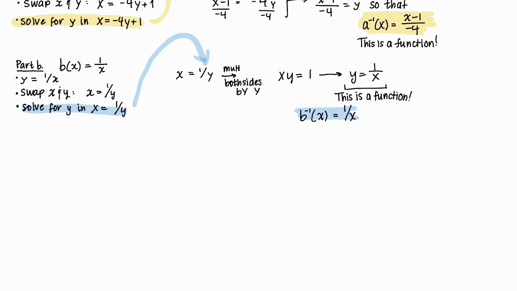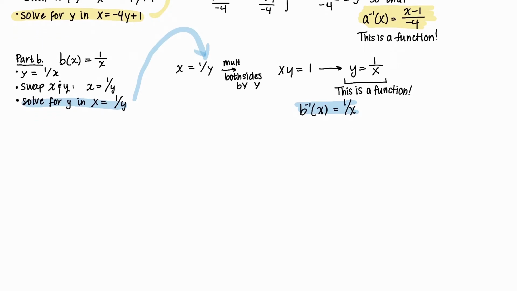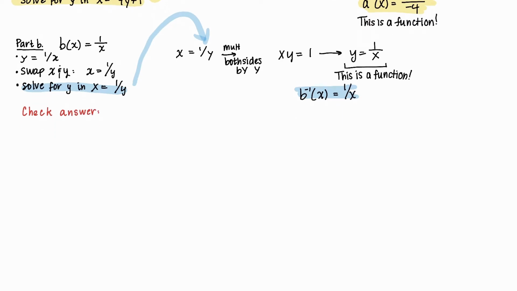That weirds me out. Maybe I might want to check that. I want to go through an example of checking our answer. We can do that by composing b of x and b inverse of x, or what we think is b inverse of x.